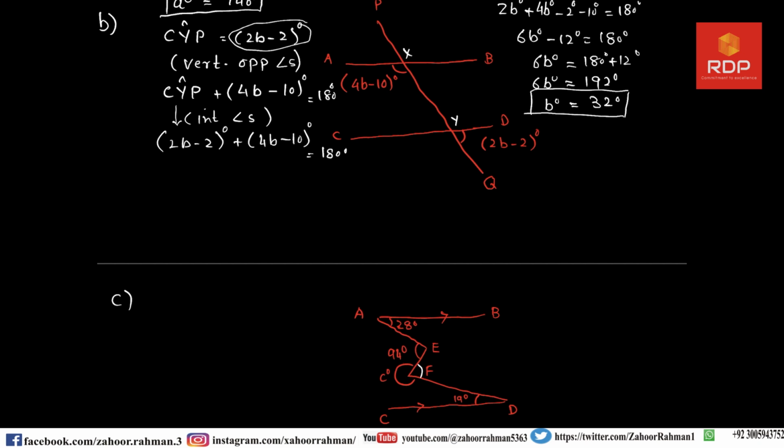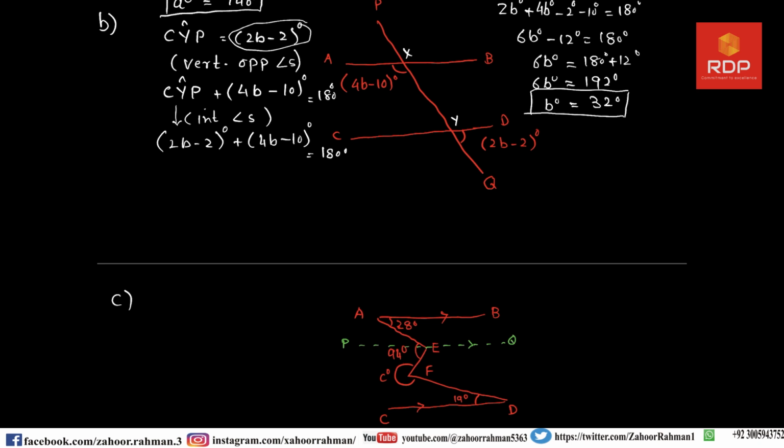So for that purpose, to find the value of C, we have to divide this portion first, and let me do it with a separate color. So I am drawing a parallel line, and I am labeling it as PQ.